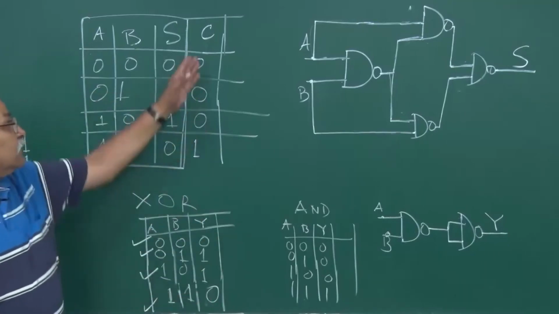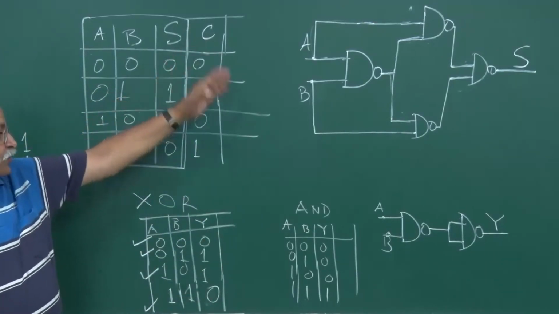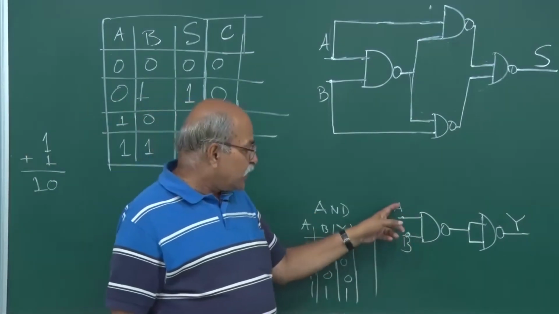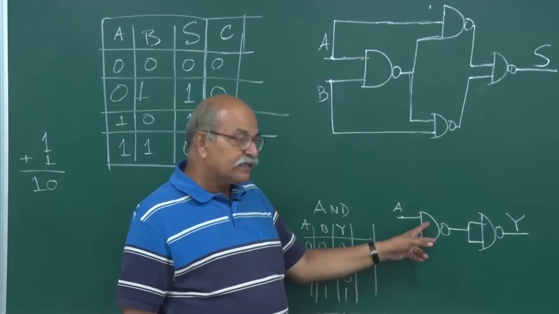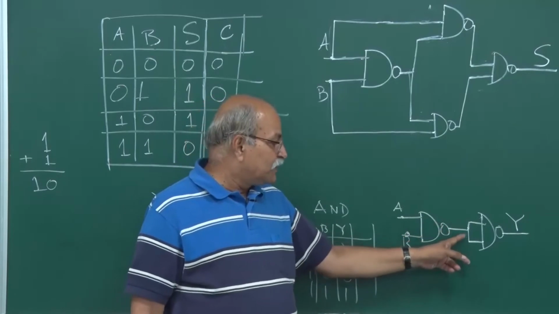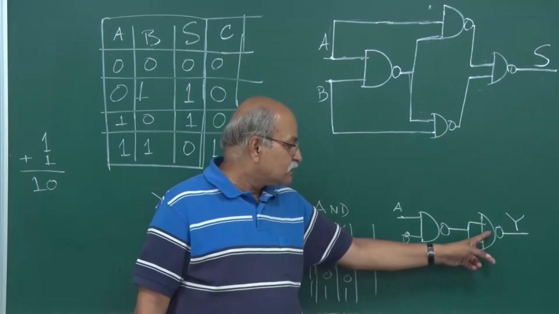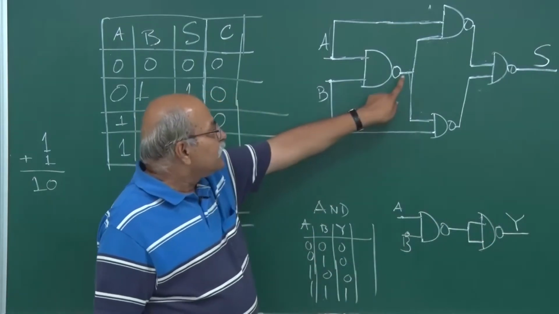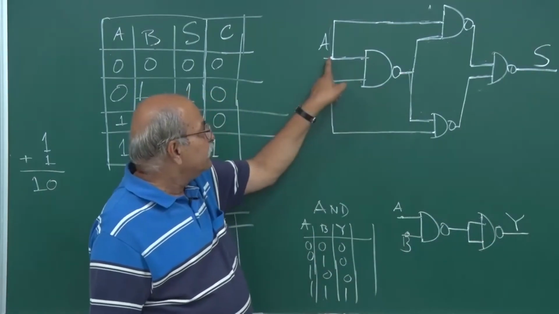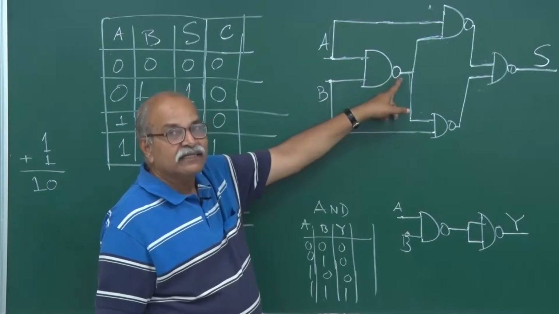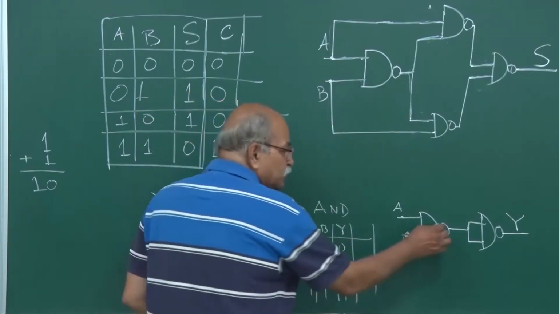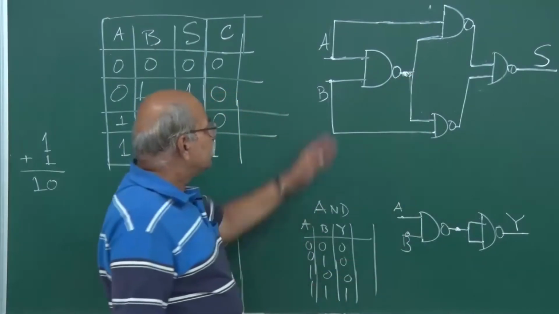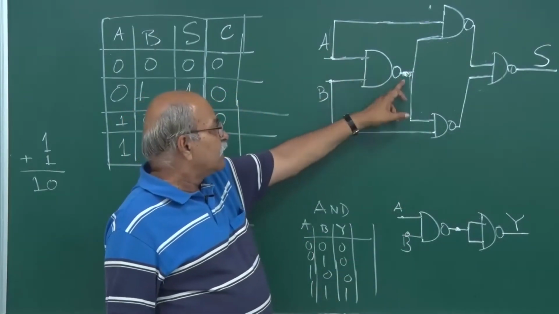So for carry, I only have to do this AND operation between A and B, and for that I have to take this A and B through one NAND gate. Output I have to feed in second NAND gate, both the inputs, and then I get. So already I have here this A and B are going through this NAND gate. So this point I already have it here. Correct. A and B are going into a NAND gate and output of that.